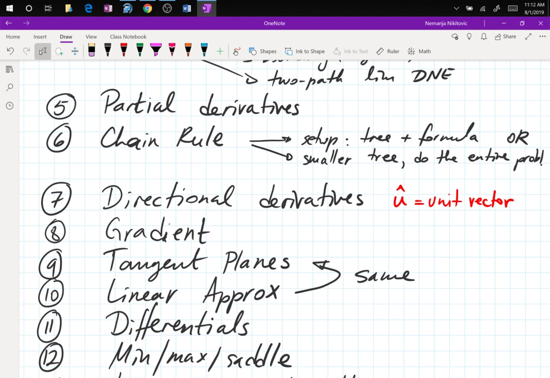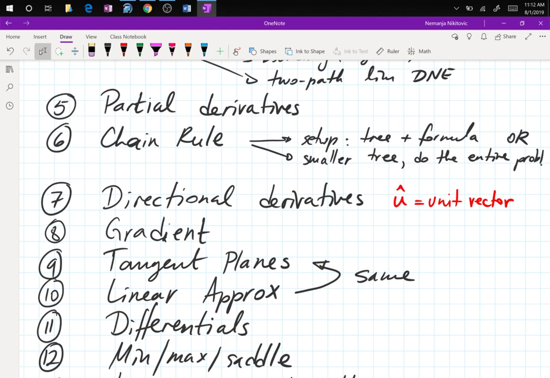Directional derivatives, I already wrote in blood over there that the u hat is a unit vector. In general, you don't have the unit vector, you just have a vector. And then you lose a lot of points because you don't transform that vector into a unit vector. So as soon as you see directional derivatives, you need to make sure that it's transformed into a unit vector.